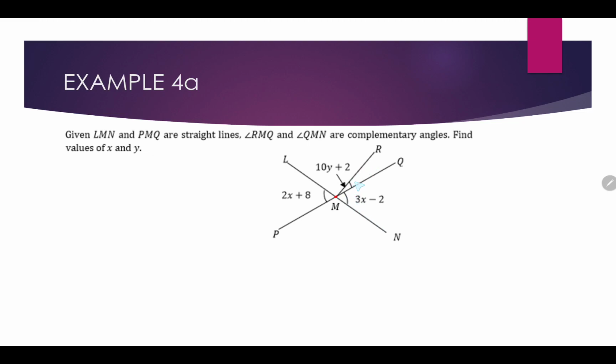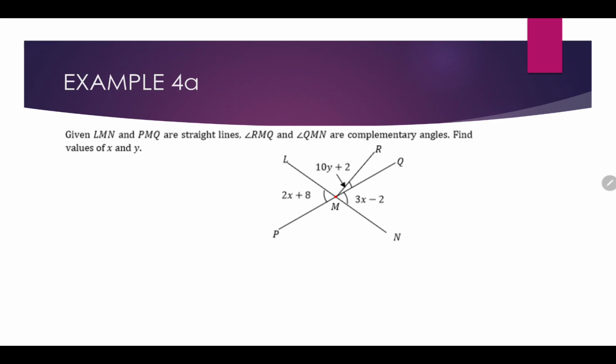Okay, what is the meaning of complementary angles? The total of these two angles equals 90 degrees. Okay, and then find the value of x and y.